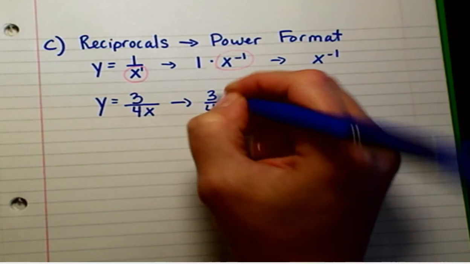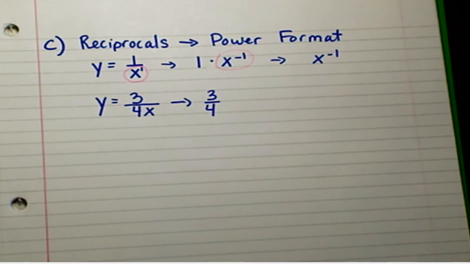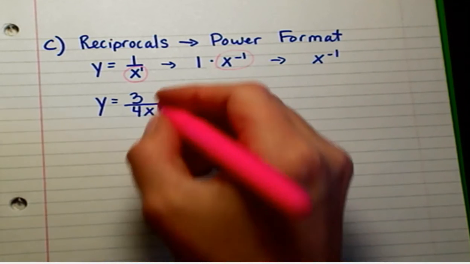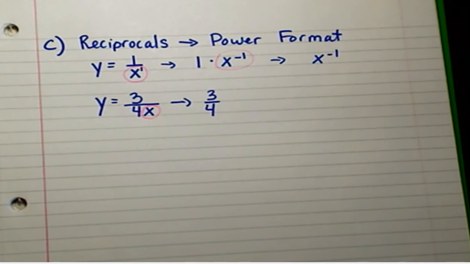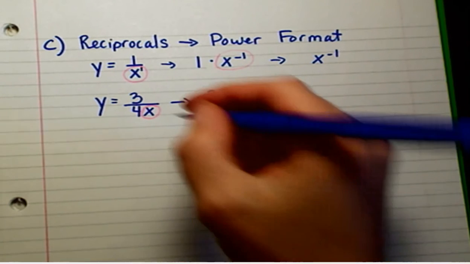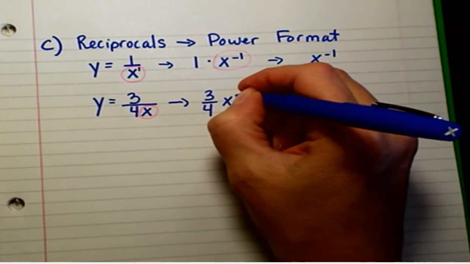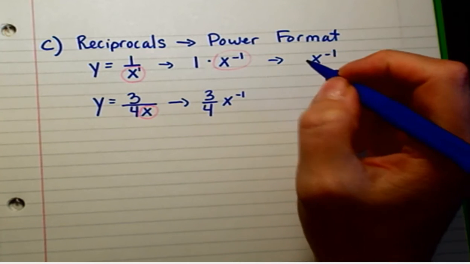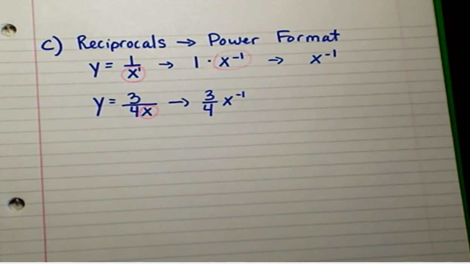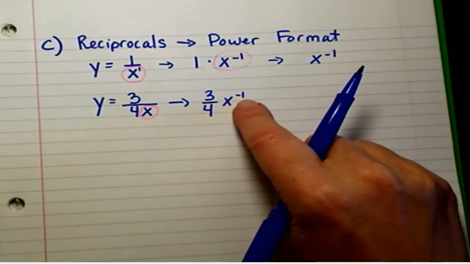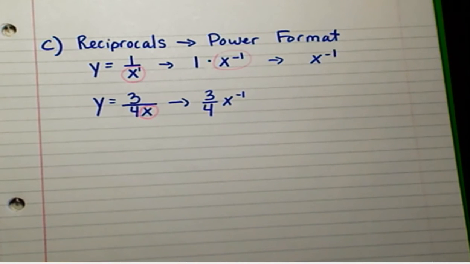Three over 4 doesn't move. The only thing that is moving is the x. So the exponent becomes negative. This is the power format. Notice how it kind of looks like a polynomial, except the exponent is not a positive integer.